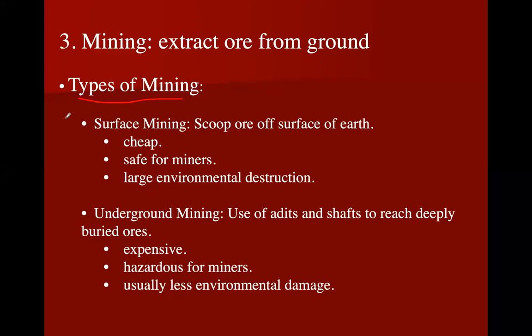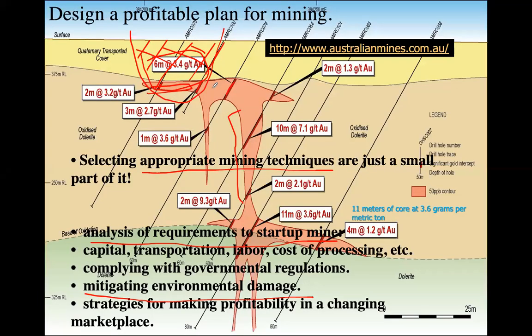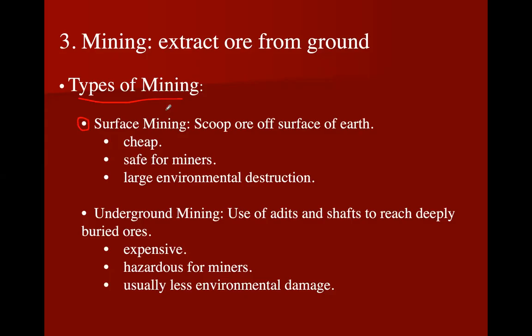So surface mining is the first type, where we consider just scooping off the surface of the earth, as I mentioned here, just like open pit mining, right? It might be cheap or cheaper than the other methods, and safe also for miners.